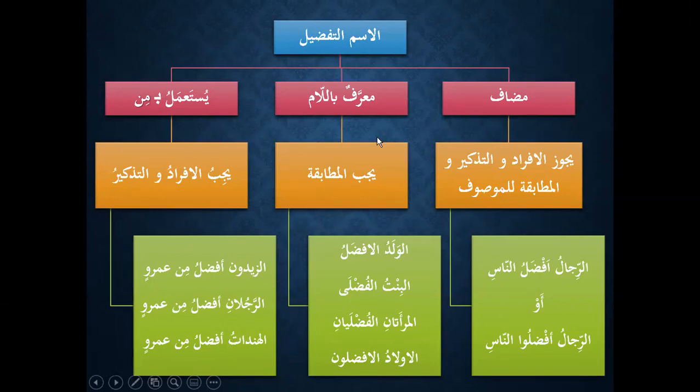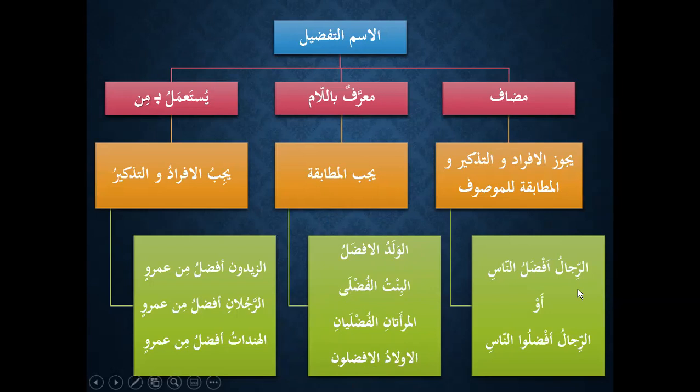Whereas with mu'arraf bil-lam, you have to correspond, singular, singular. So al-afdalu, you have to say al-waladu al-afdalu, singular, singular. Al-bintu al-fudla, so feminine, feminine, and singular. Al-mar'atan al-fudlayan, tathniya, tathniya, muzakkar, muzakkar. Awlad, plural, al-afdalun, plural. So you have to correspond with al. And for mudaf, mudaf ilayh, you have choice.